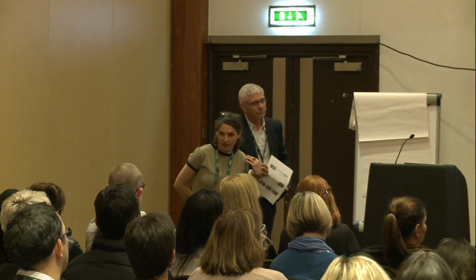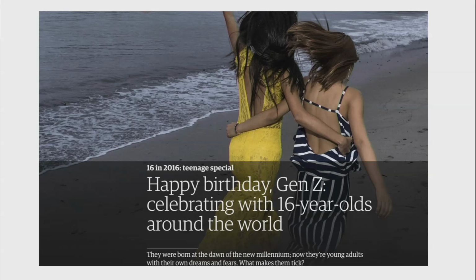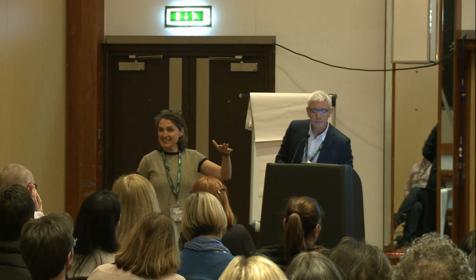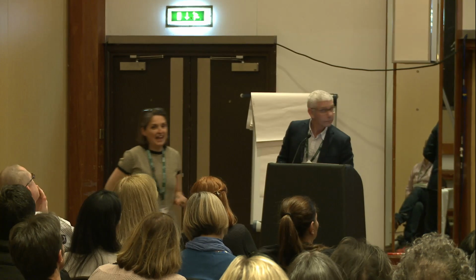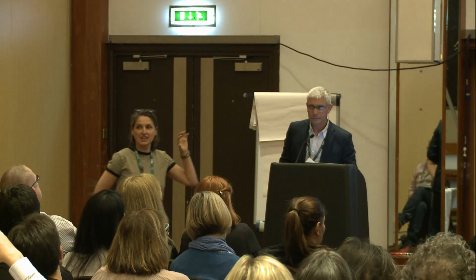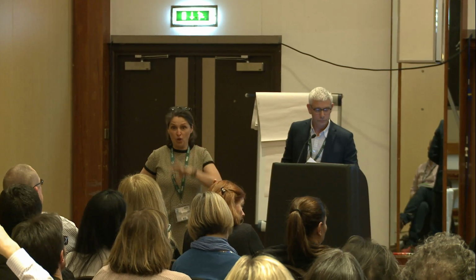So Ben's material was based on an article in The Guardian, and this is a much more up-to-date article, a lovely report that came out in December 2016. It was about the babies born in the year 2000 celebrating their 16th birthdays. This is exactly the age group targeted by PISA and the global competences.